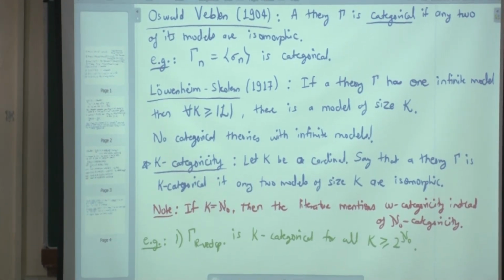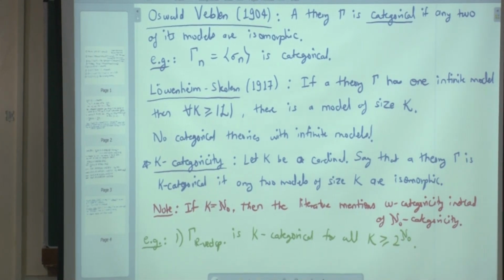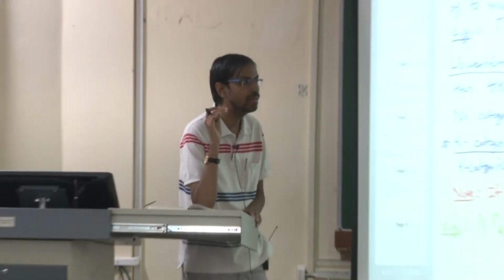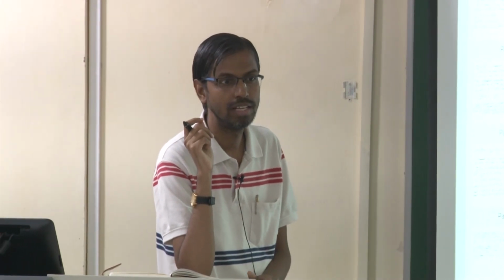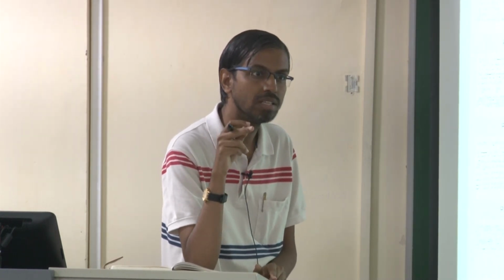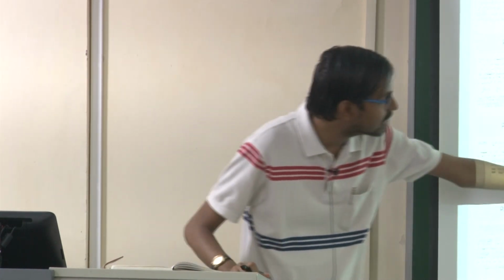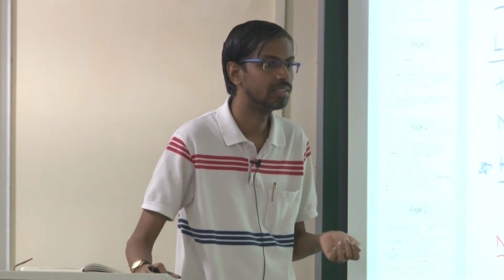I think you know the proof of this statement. So can somebody spell it out for me? What is a model of the theory of R vector spaces? An R vector space. So two models of size kappa, how are they determined?